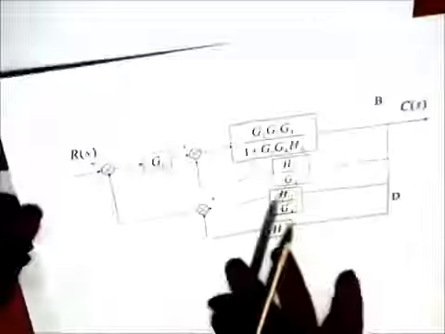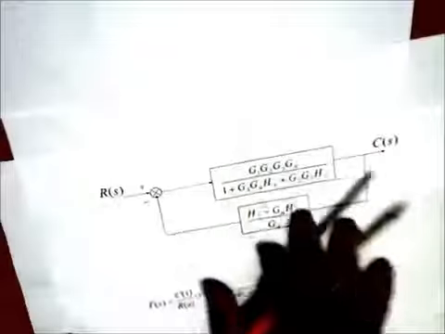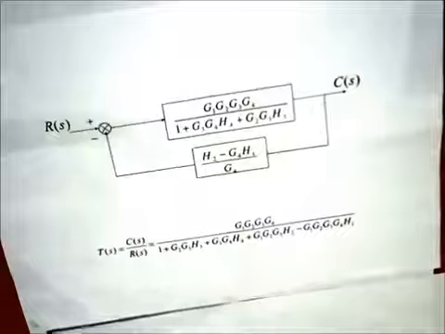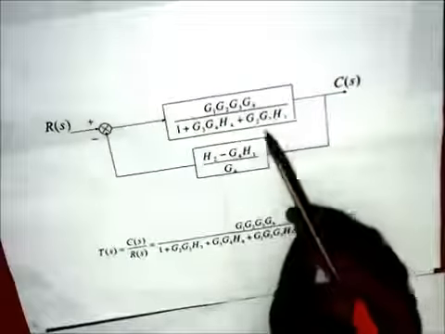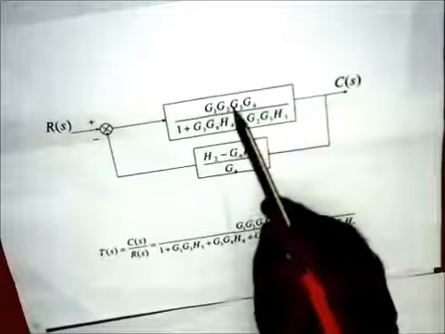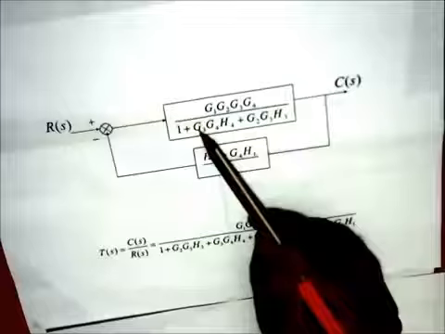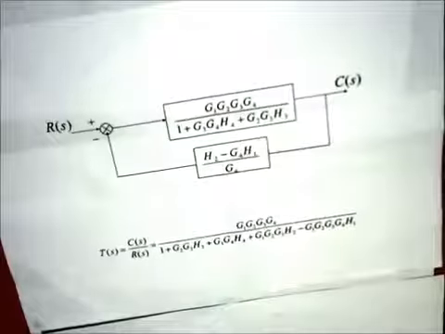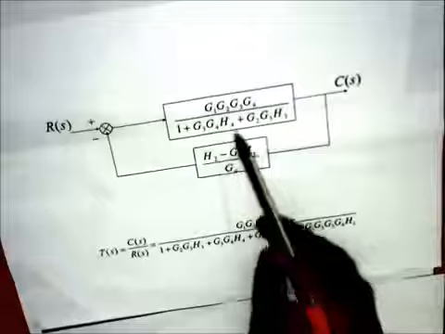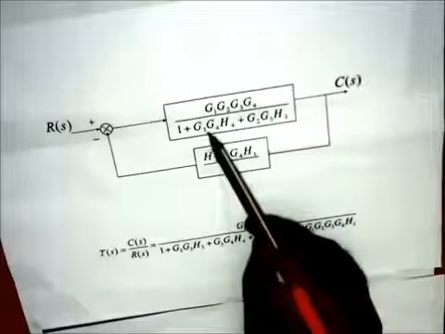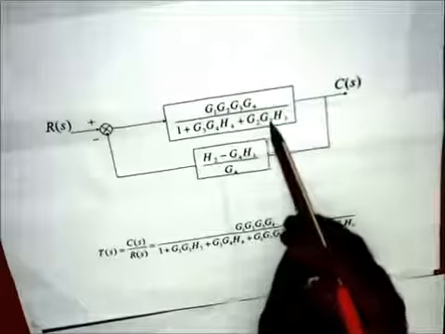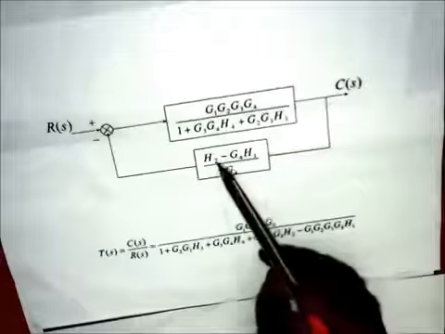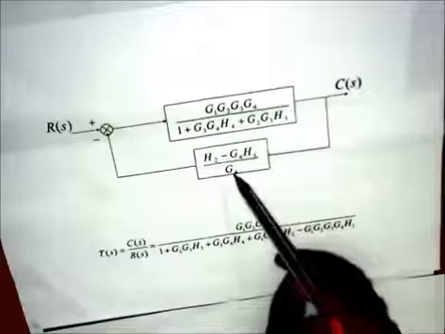So we put the previous value in this path, so it becomes G1, G2, G3, G4 upon 1 plus G3 G4 H4 plus G2 G3 H3, and another block, that is the feedback, H2 minus G4 H1 upon G4.